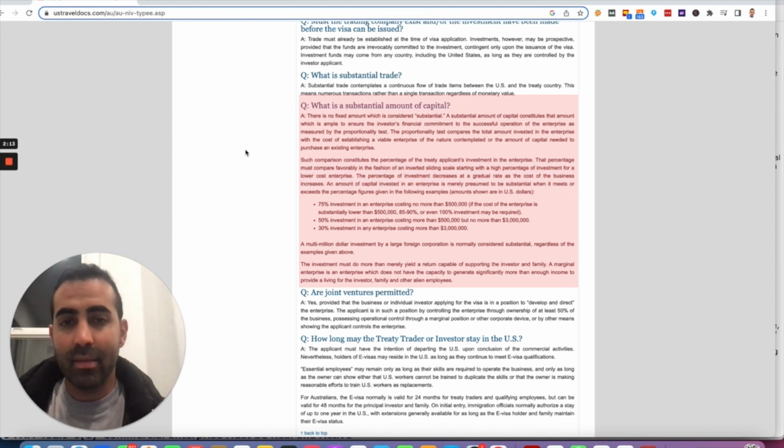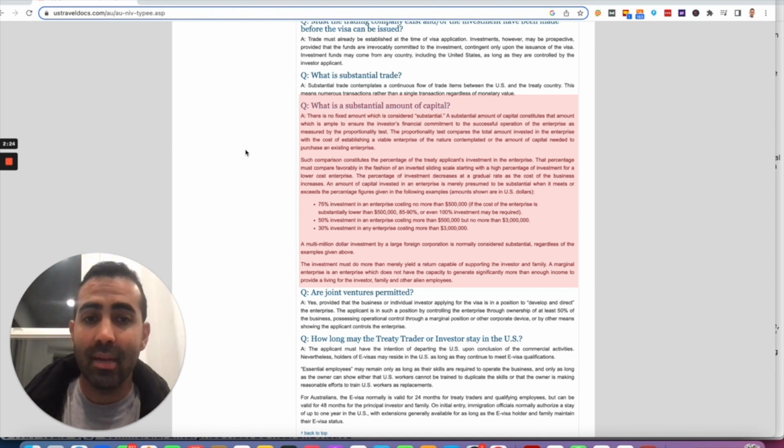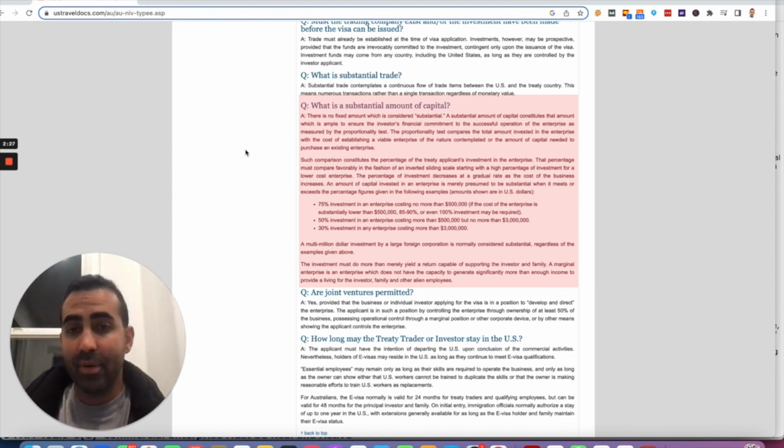75% investment in an enterprise costing no more than $500,000. If the cost of the enterprise is substantially lower than $500,000, 85 to 90% or even 100% investment may be required. 50% investment in an enterprise costing more than $500,000 but no more than $3 million. And then the third bullet point says 30% investment in any enterprise costing more than $3 million.